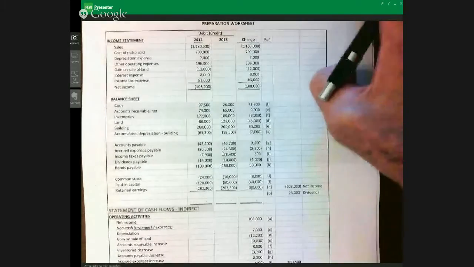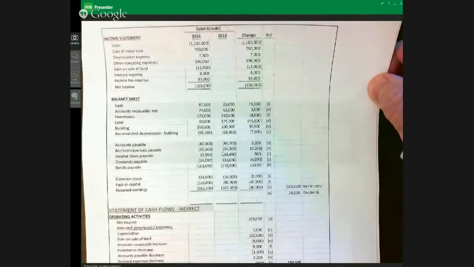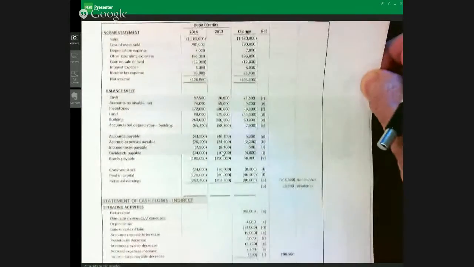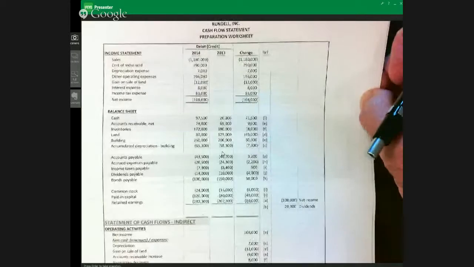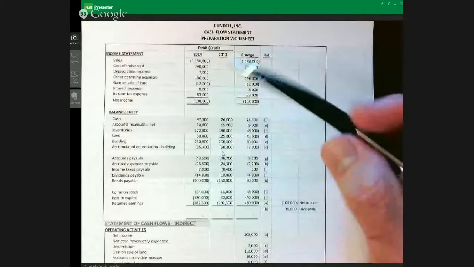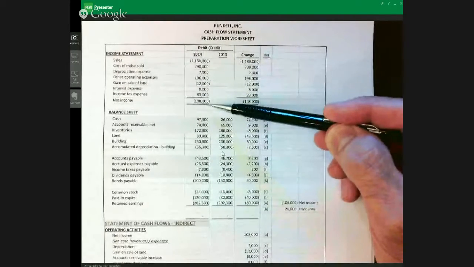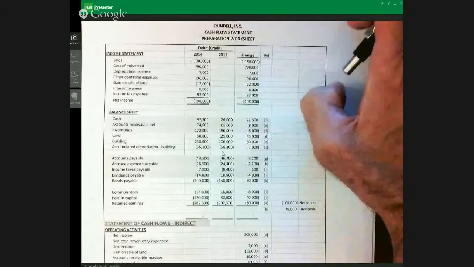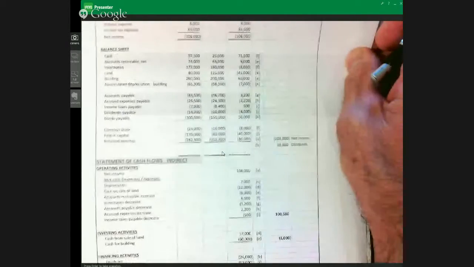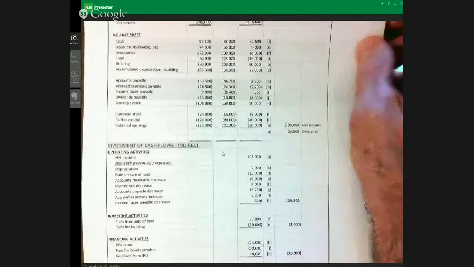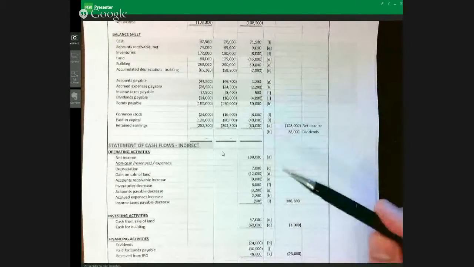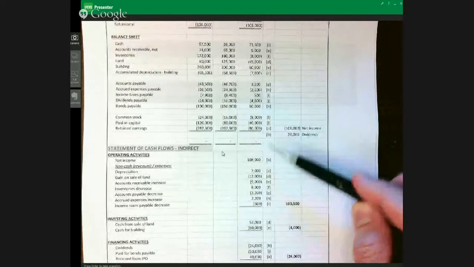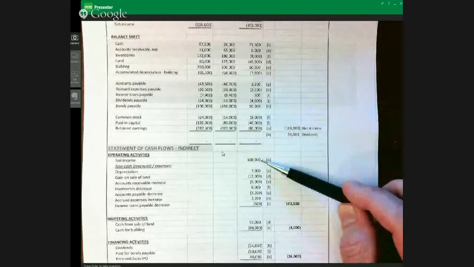Okay, so before we get into the nitty-gritty details of making the statement of cash flow, let's try to answer for this particular owner of the Rundell Company why income was $108,000, but the increase in cash was only $71,500. Well, let's start the statement of cash flow with the net income that you see right from the income statement.